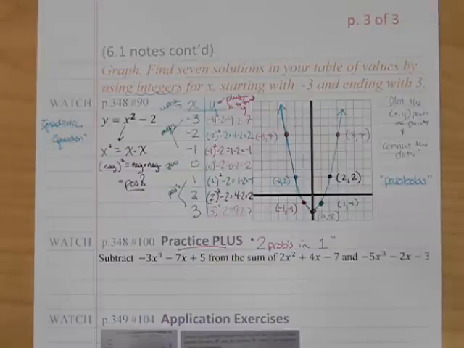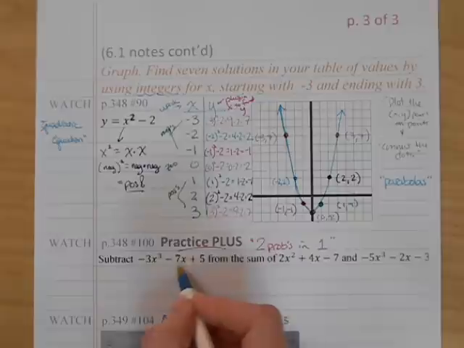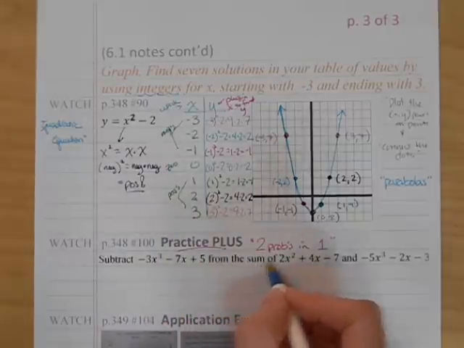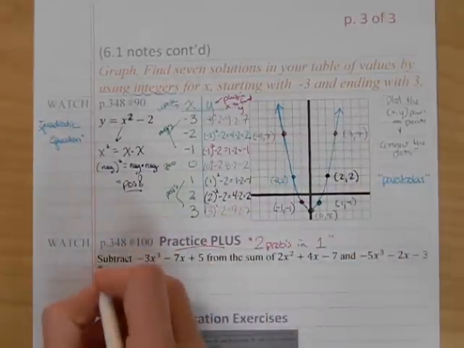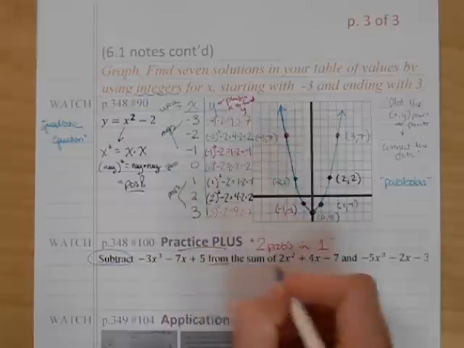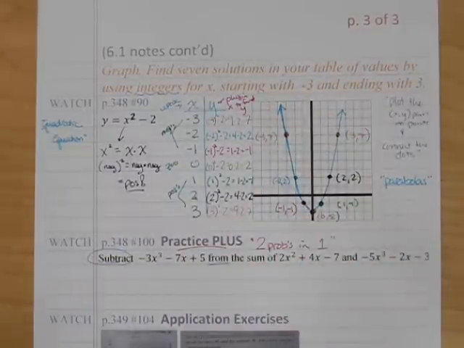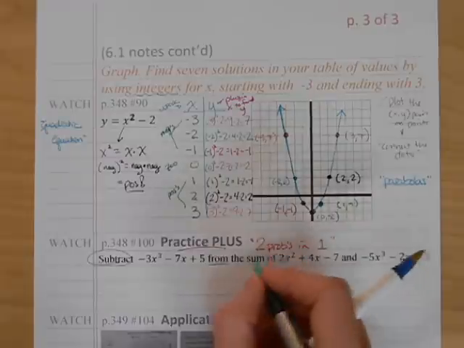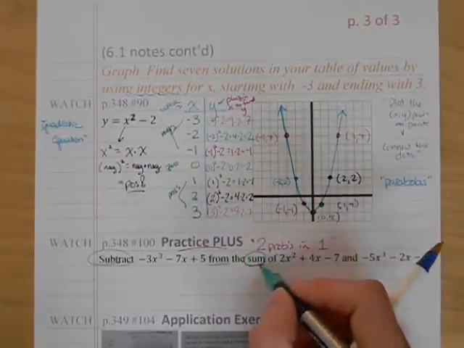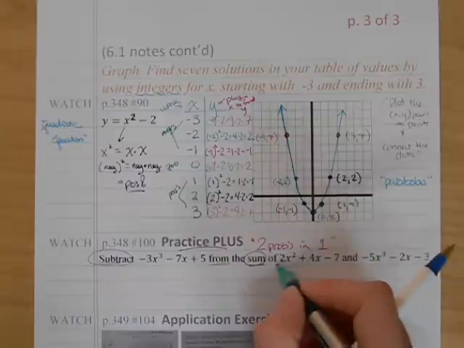In this case, we're looking at subtracting something from a sum of 2 things. So we're going to be subtracting something from something else, okay? But then we also have a situation where what we're subtracting from is a sum. And anytime you hear the sum, you're looking for 2 things that we're going to add together.